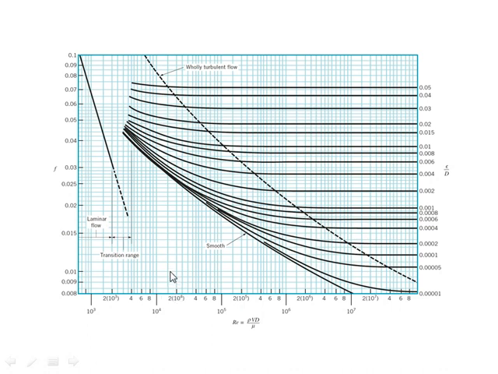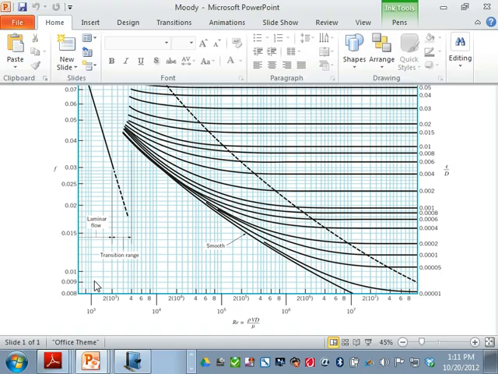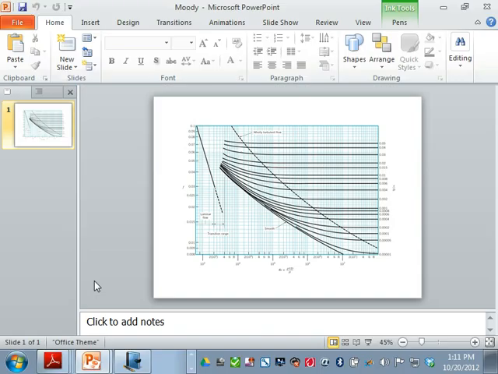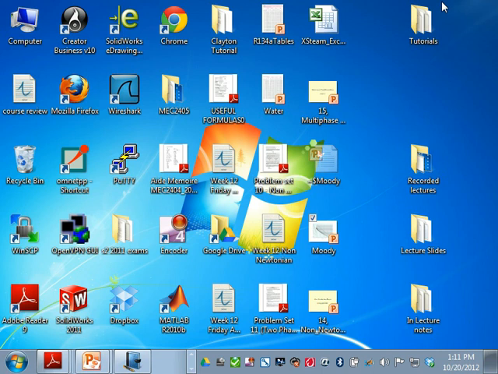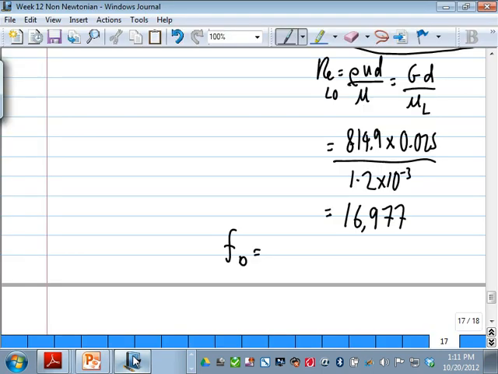Yeah, so 17,000 about here. So about 0.026. So F Darcy is 0.026.